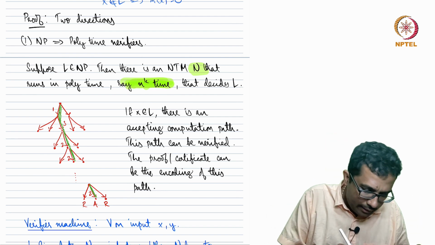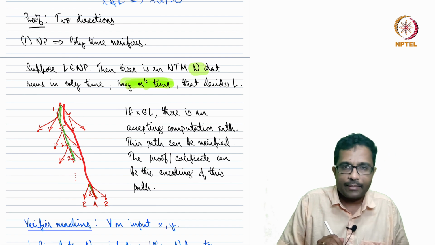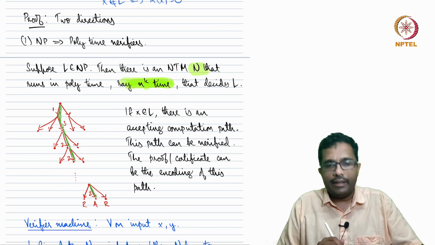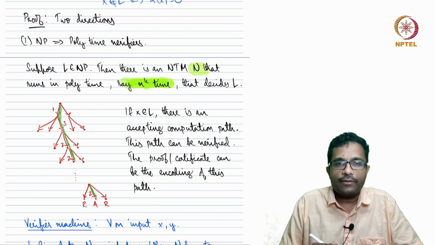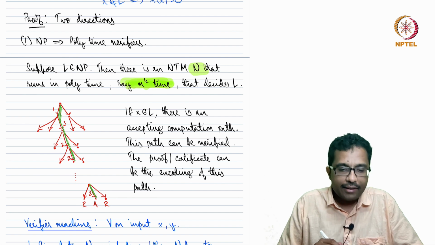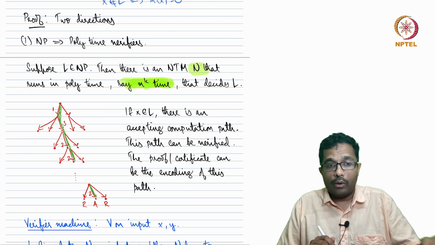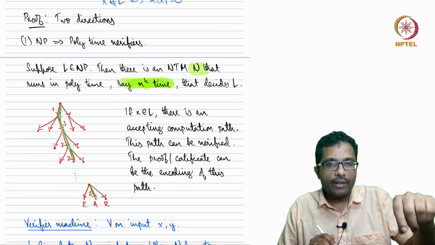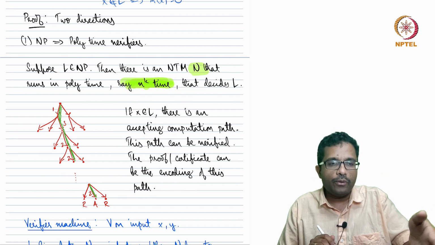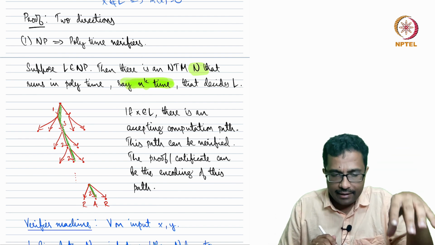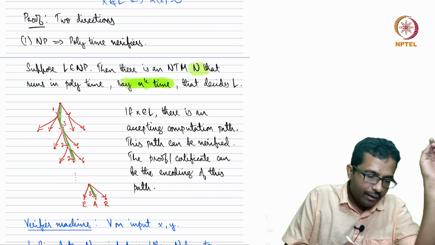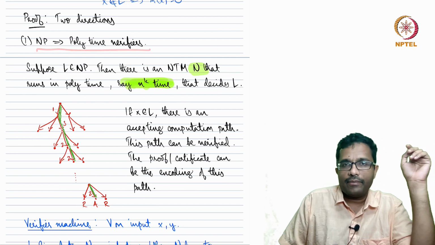Instead, just walk through this path and check that it accepts. Once you do that, you can be sure that this string is accepted. The only thing I need to do is tell you which path leads to acceptance, and this is the idea we can use to prove this direction.